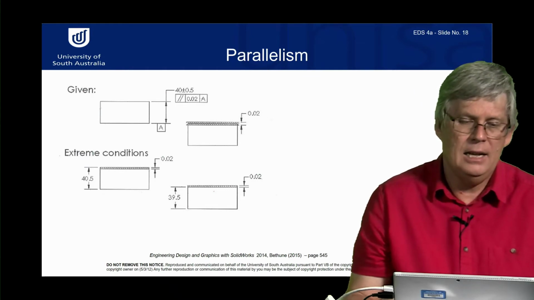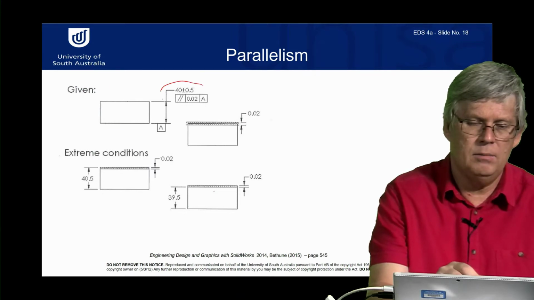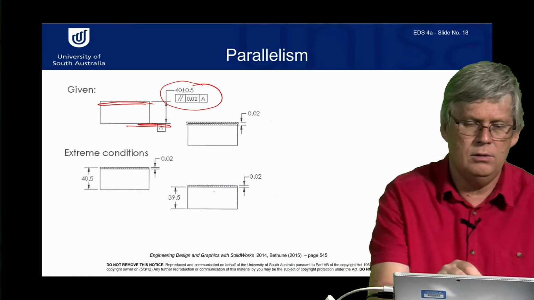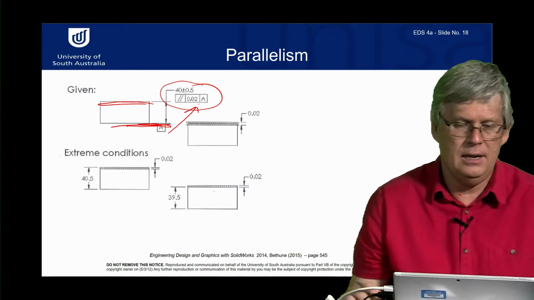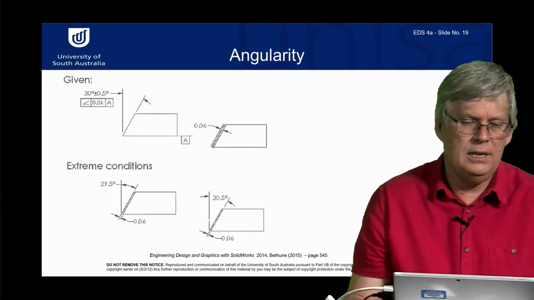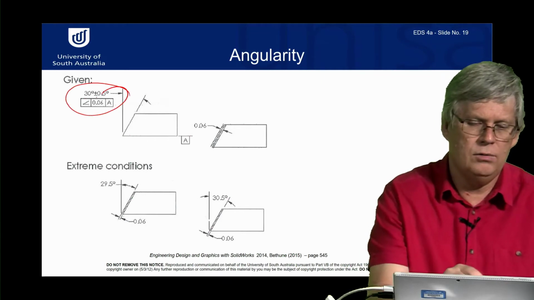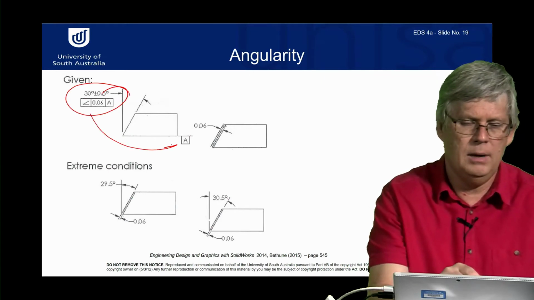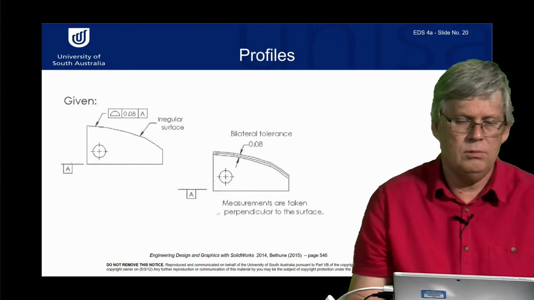You can see this symbol is referring to this surface must be parallel to this surface, which is A. You can see the link there. Angularity, so you want to say this angle is related to this datum A. So we have those parts as well.